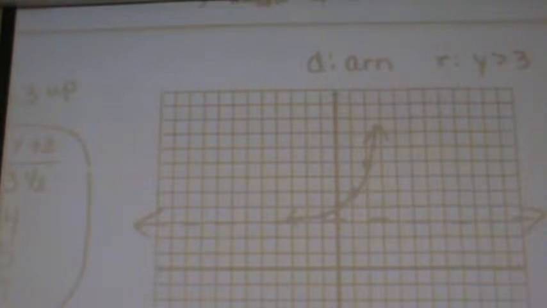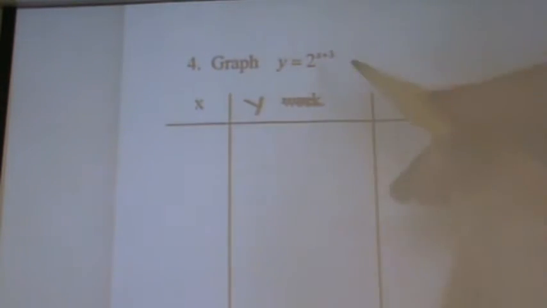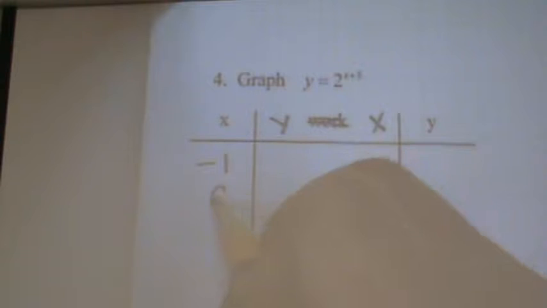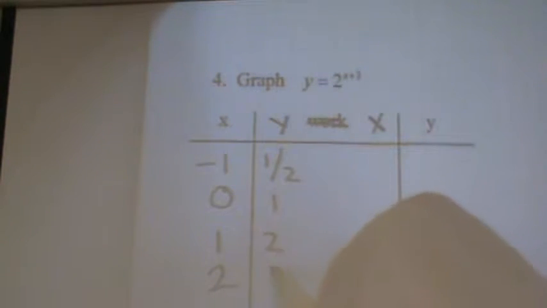What's different about number 4? Cross this out, write y, and then x and y. Let's do that, that's easier for you. So -1, 0, 1, and 2. You've got 1/2, 1, 2, and 4.